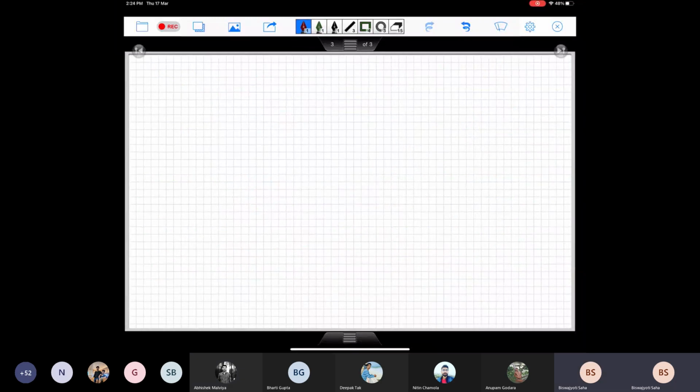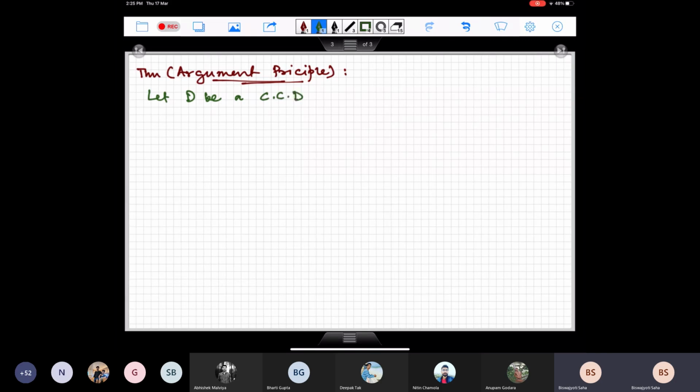So here goes the first application. This is called the argument principle. What's the statement? Let D be a simply connected domain, and gamma be a smooth Jordan curve.